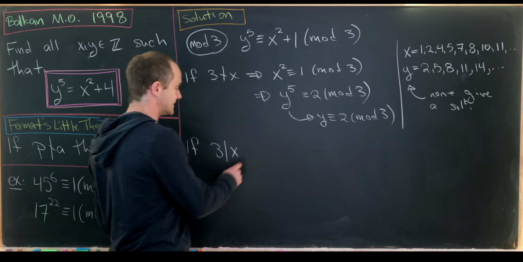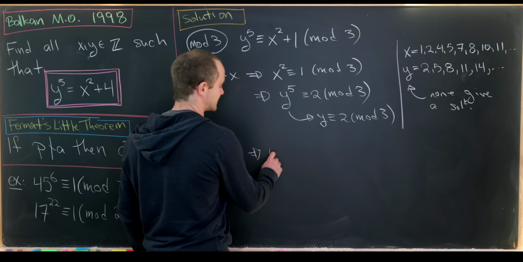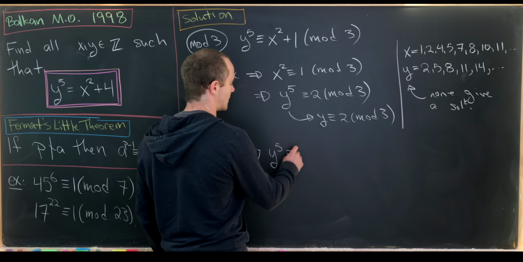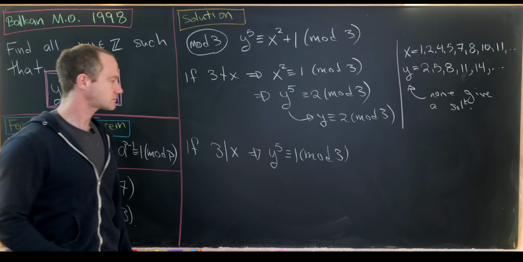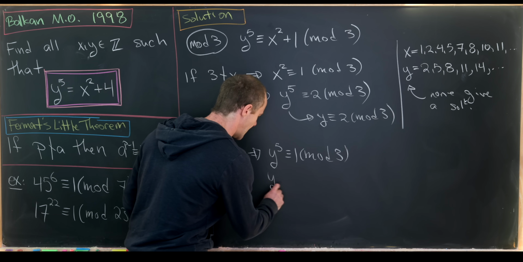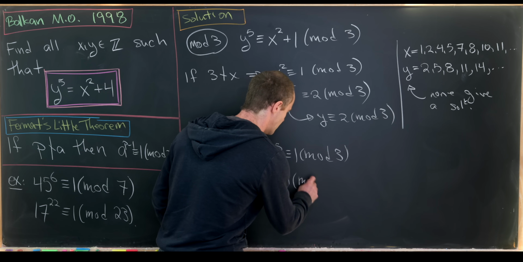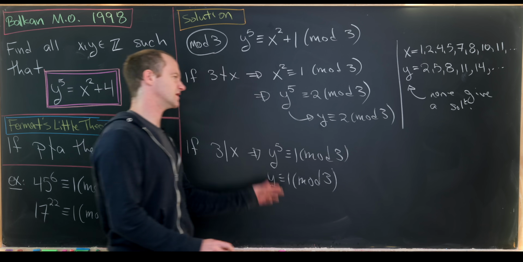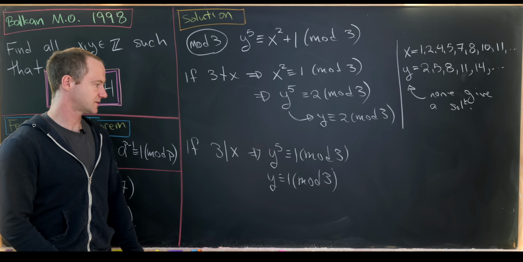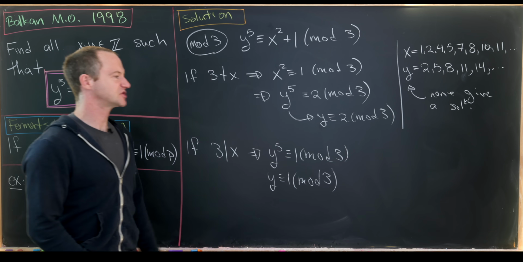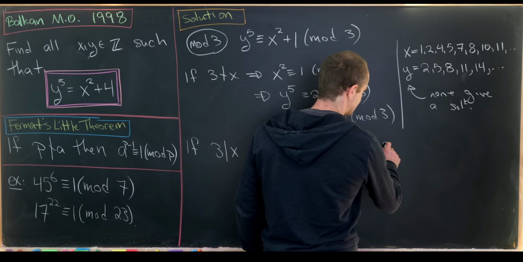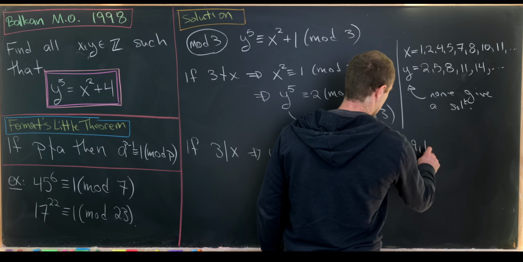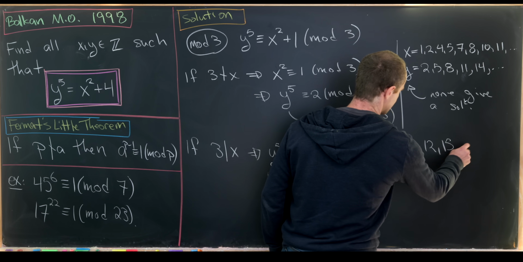So if 3 divides x, then that tells us that y to the 5th is congruent to 1 modulo 3. But that tells us that y is congruent to 1 mod 3. You can check that that's the case. But that gives us a bunch of possibilities as well. So that means that x has to be 3, 6, 9, 12, 15, and so on and so forth.